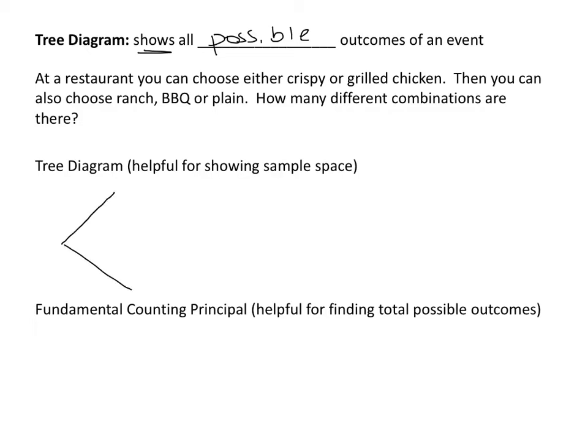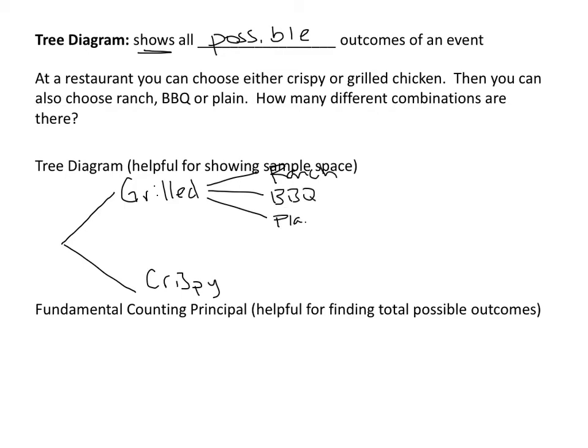So my first choice is the type of chicken. I can either use grilled or crispy chicken. Now, if I pick grilled, my tree grows from there because I have 3 more choices. I could choose ranch, barbecue, or just plain.